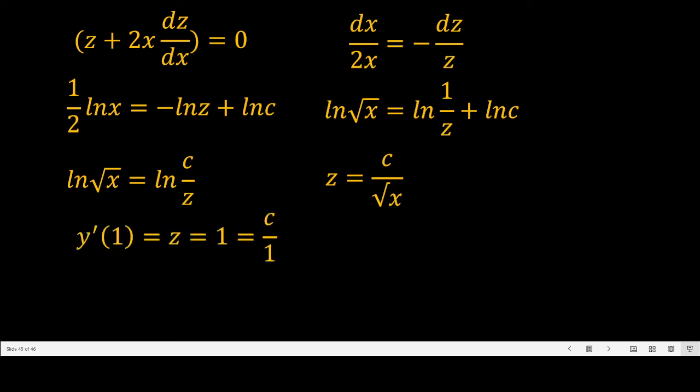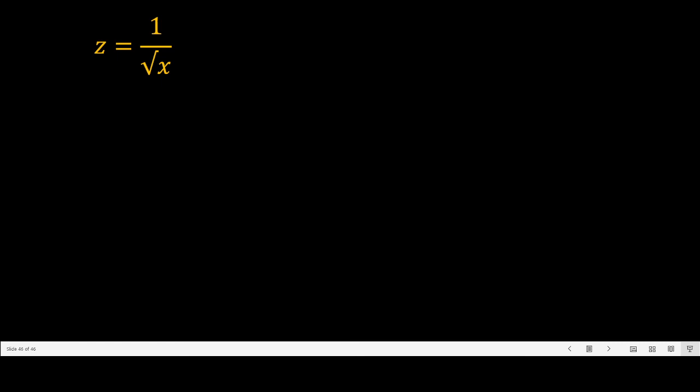And as we know, y'(1) is equal to 1, so z equals 1. From this equation, we can calculate c, and it's equal to 1. So z equals 1 over square root of x. So now we have z as a function of x, and also y as a function of x and z.